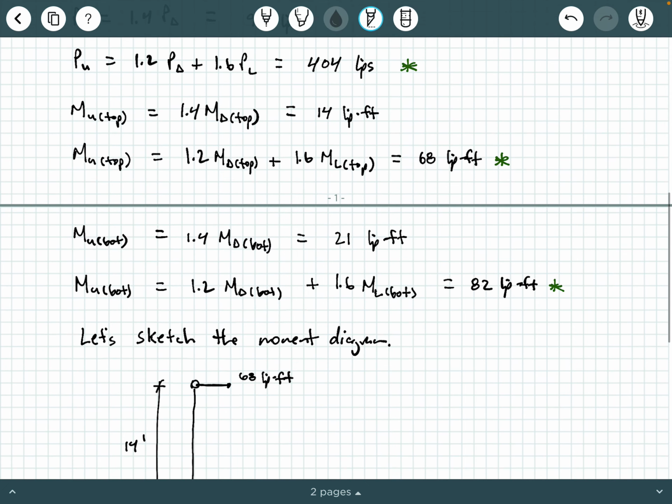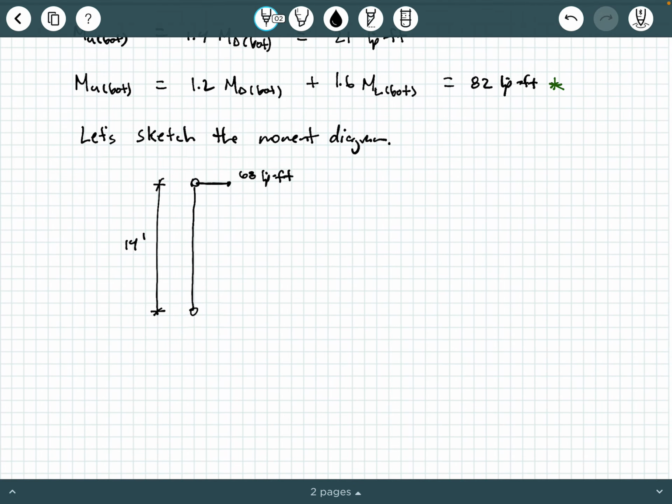And then it's going to linearly increase up to 82 kip feet. Let's draw that a little bit better. Linear increase. Again, I don't have very good sketching skills. This is going to be 82 kip feet, okay?